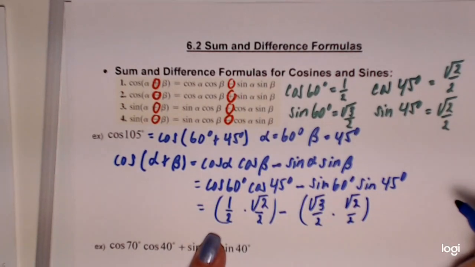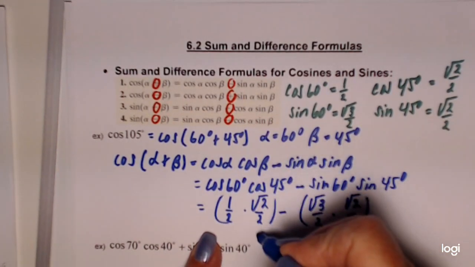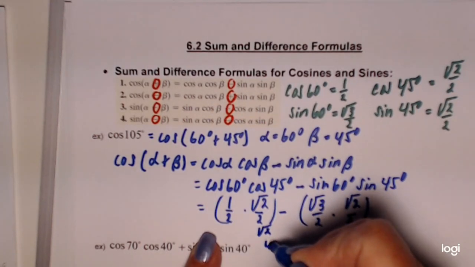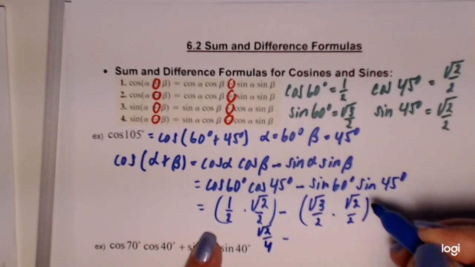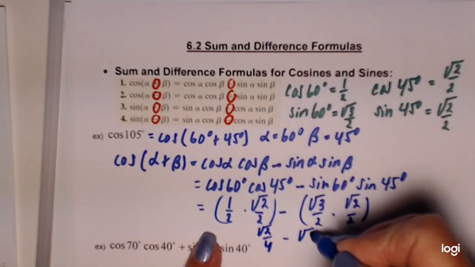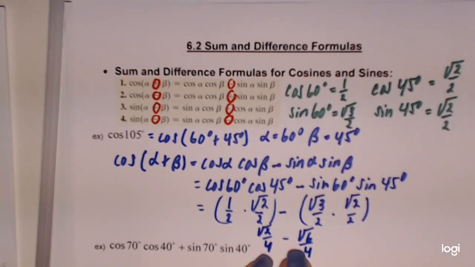So we have this. So now this is 1 times square root 2. We have radical 2 over 4 minus 3, square root 3 times square root 2 is square root 6. 2 times 2 on the bottom is 4. So here is our answer, square root 2 over 4 minus square root 6 over 4.